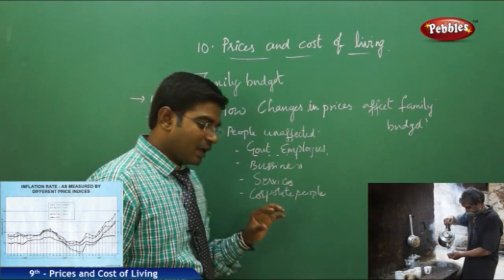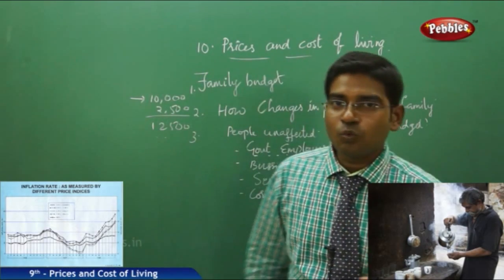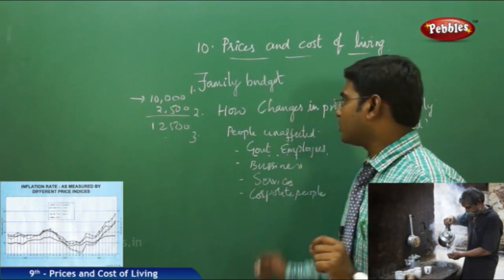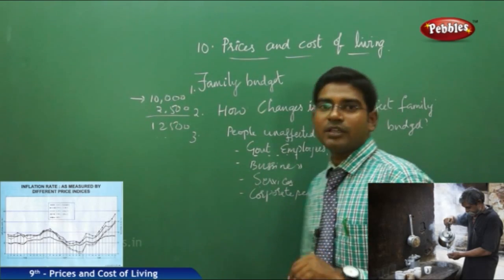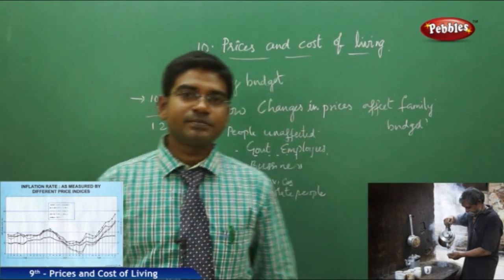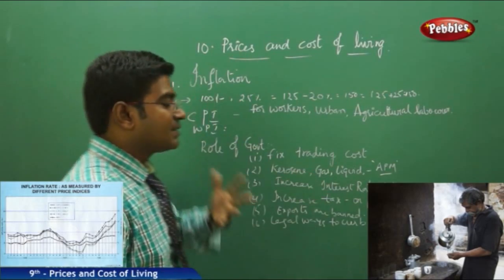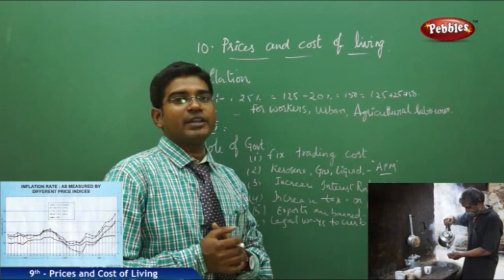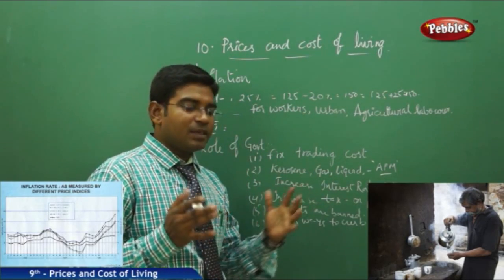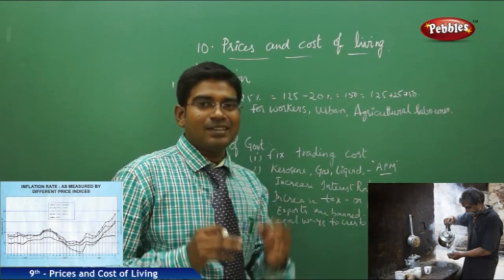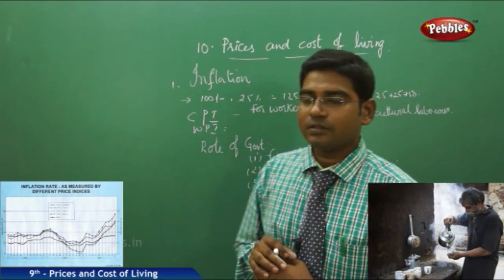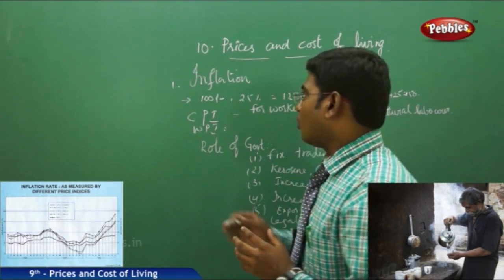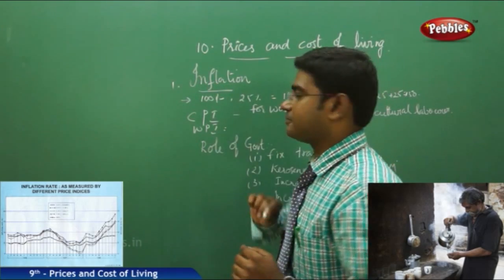In this way, we have different categories of people who fall very little under the influence of inflation or the price hikes. Now, leaving them apart, the basic major problem of India is inflation. What is the meaning of the word inflation?